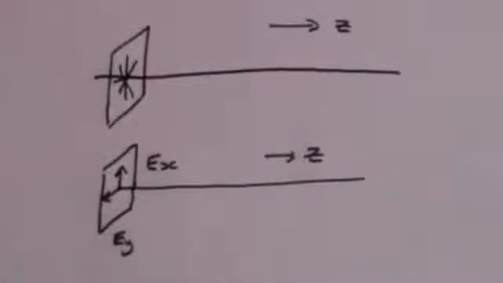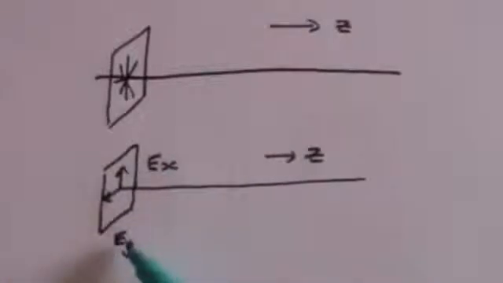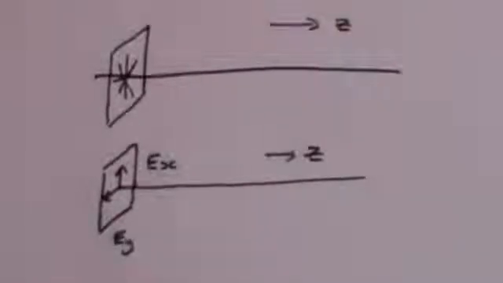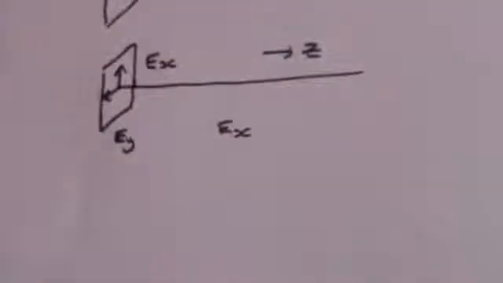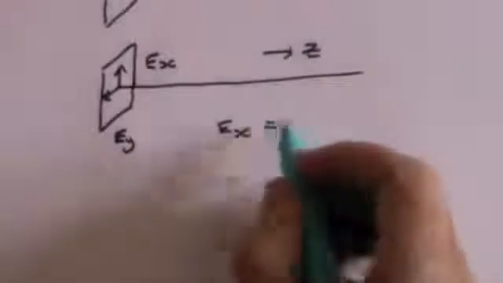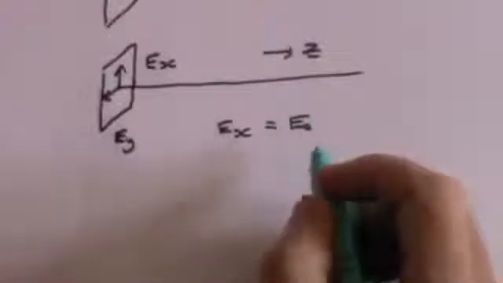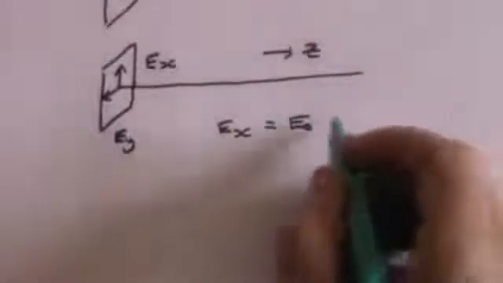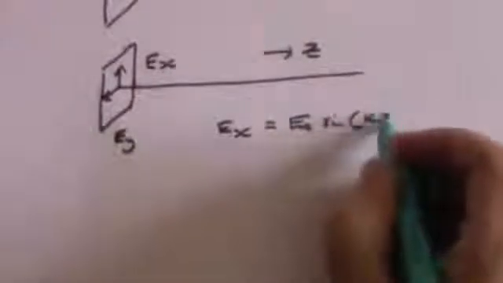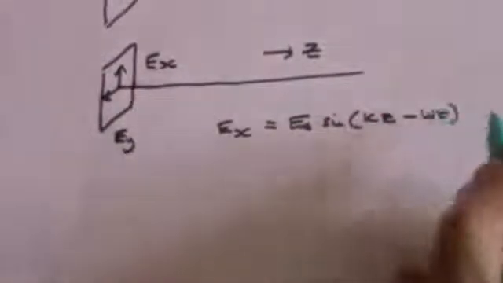Now, it just so happens that if the EX vector and the EY vector, the resolved components, are 90 degrees out of phase, you get what's called circularly polarized light. And the conditions for that are that the wave in the EX direction will be some maximum amplitude, E0, times the sine of kz minus omega t.